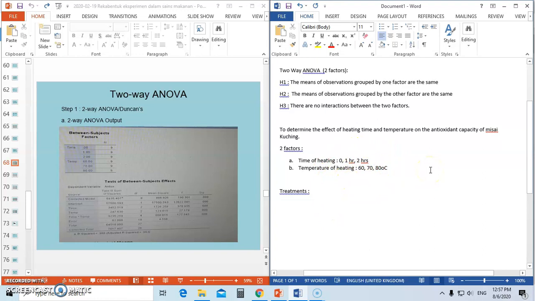Okay, so for example, for the time of heating 0, we have 60 C. I'll just put it simply like that.